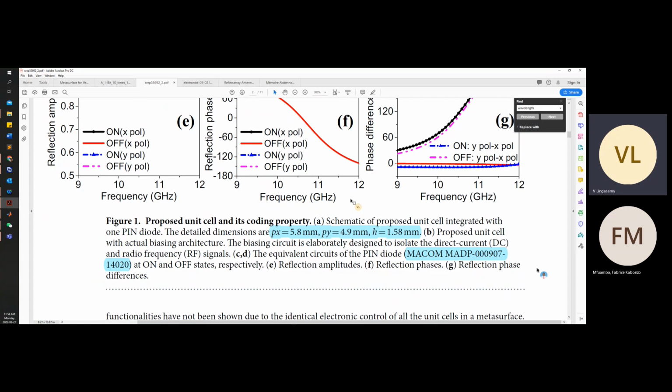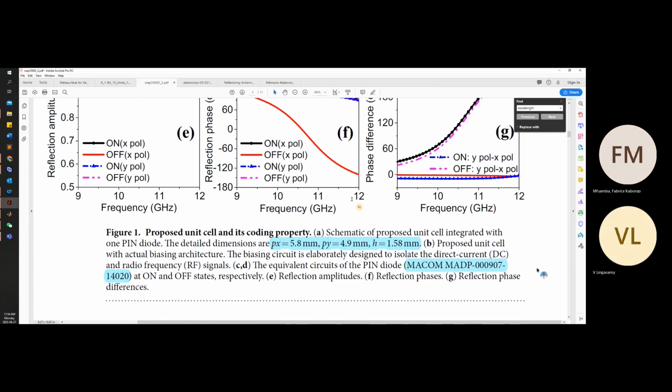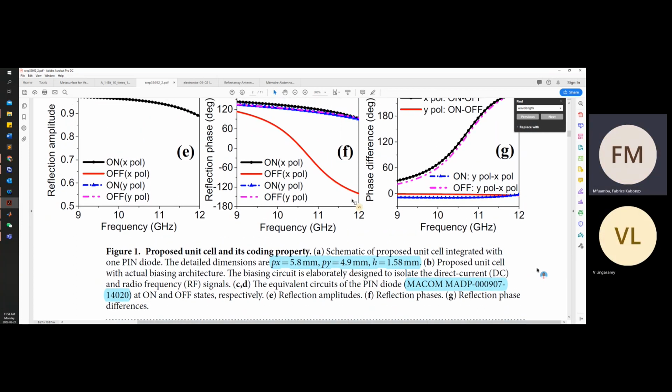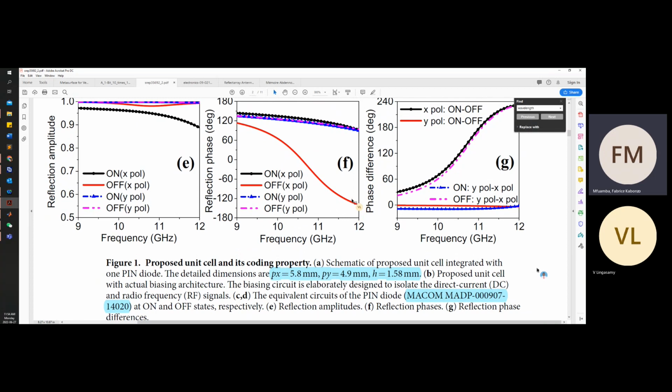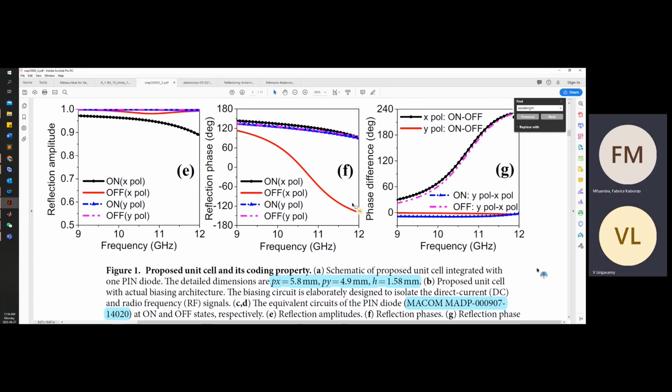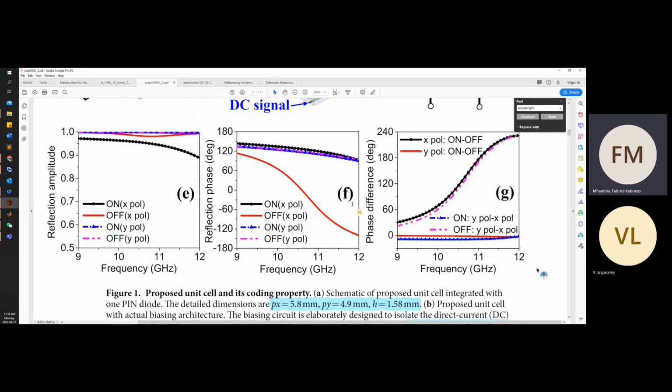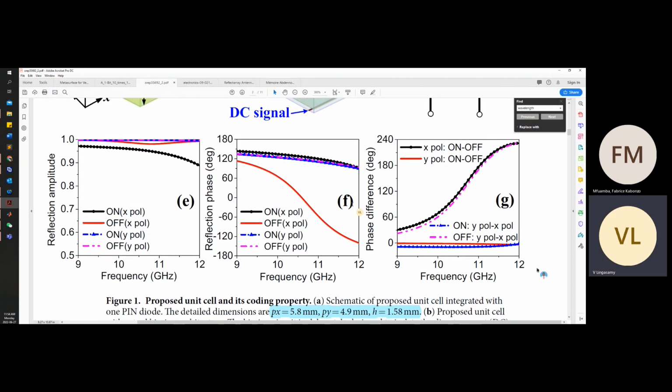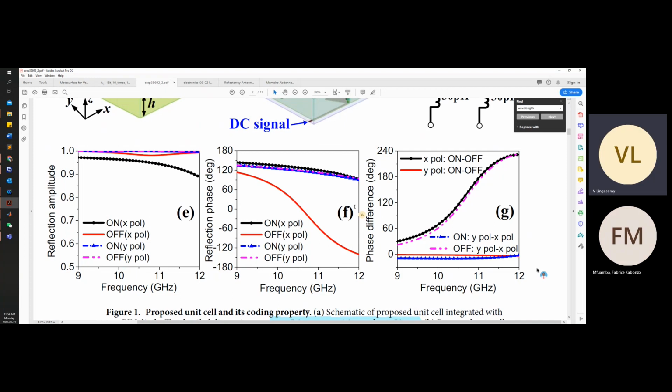So what is the frequency they are designing now? I think it's 7 point something. Then I think lambda by 2 should hold good basically.